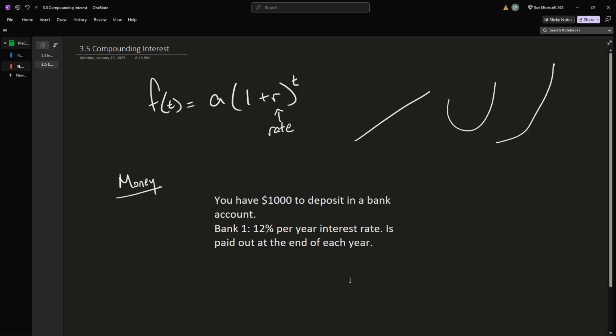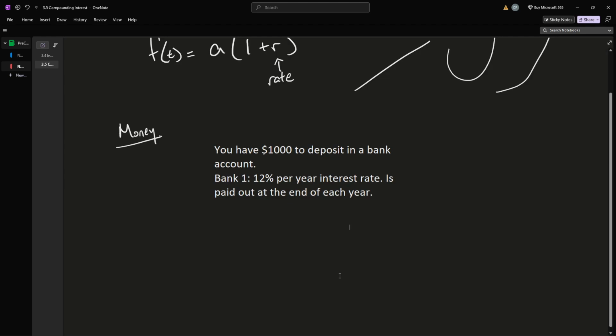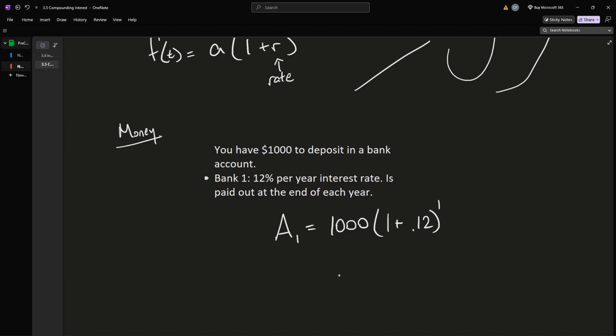So let's look at bank 1. Let's say A of 1 equals, my initial value is $1,000 and my rate is 12%, so 1 plus 0.12, and the time is just 1 year, because we're talking in terms of years. It's 12% per year and it's paid at the end of each year.